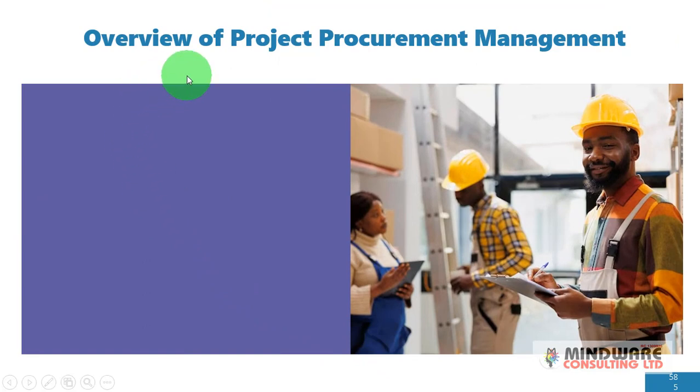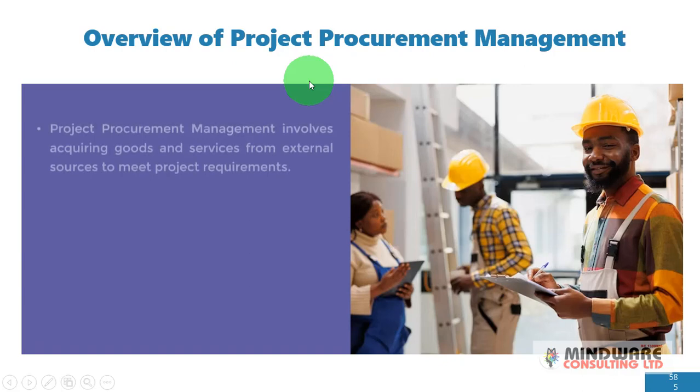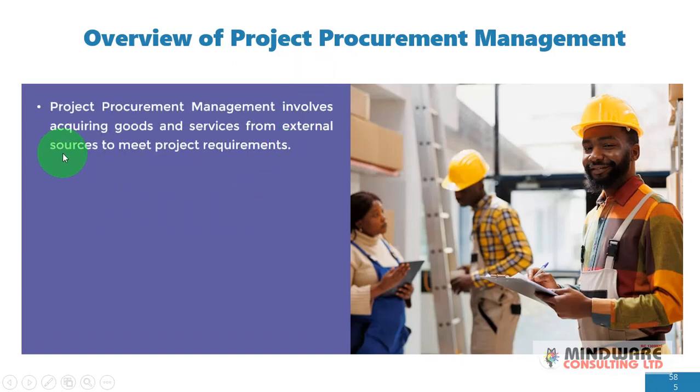So firstly, an overview of what this knowledge area is all about. Project procurement management involves acquiring goods and services from external sources to meet project requirements. First and foremost, when you're about to get started with a project, you have what you call project requirements. You should know that by now. The project objectives, all right?